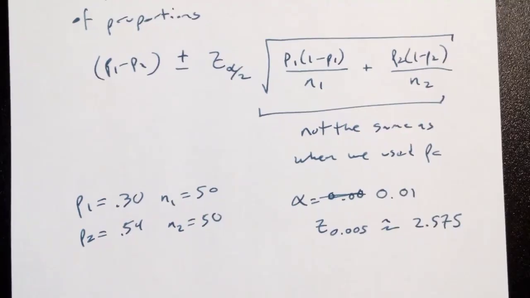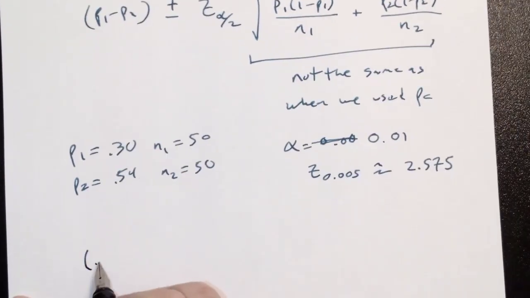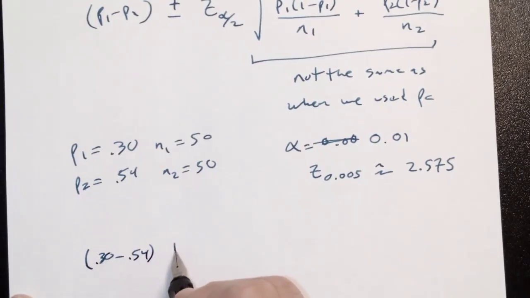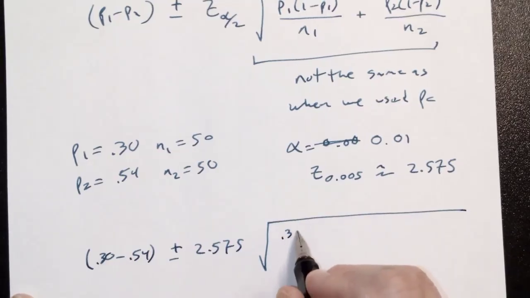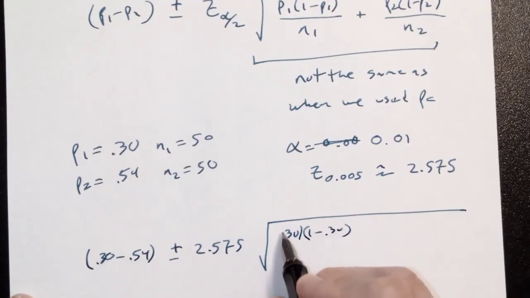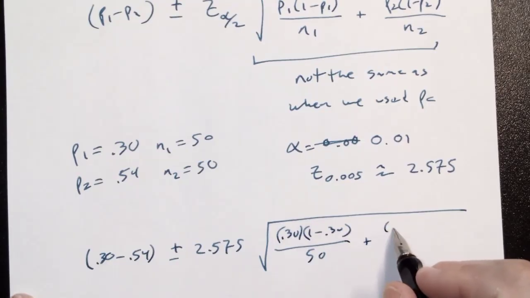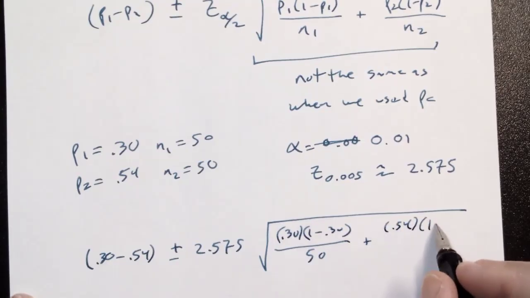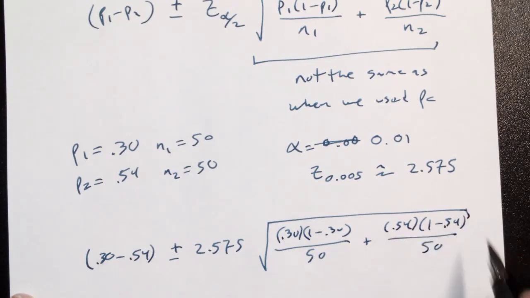So now I put everything in here. 0.30 minus 0.54 plus or minus 2.575 times the square root of 0.30 times 1 minus 0.30 over 50, plus 0.54 times 1 minus 0.54 over 50.